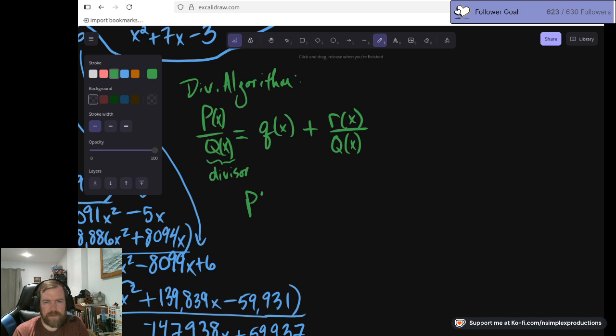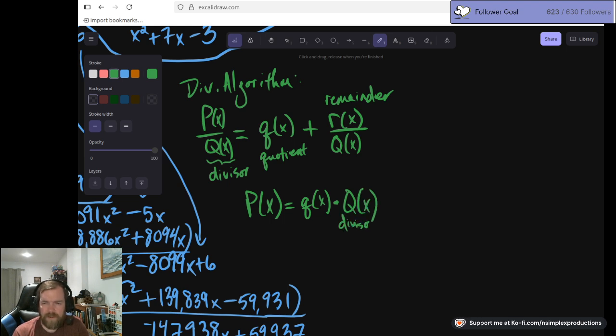Which also means that P of x is equal to little q of x, the quotient, multiplied by big Q of x, again the divisor, plus r of x, the remainder.